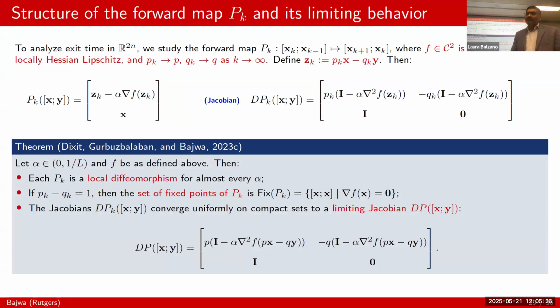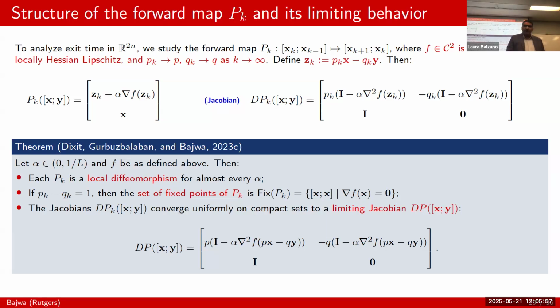We have a theorem that talks about it. I'm sorry, I'm going to rush because of time. I'll get to the gist. This is not that important, but the fundamental thing is we have to analyze properties of P_k. One of the key things is that the Jacobian of this dynamics converges uniformly on compact sets to a limiting Jacobian. And the limiting Jacobian has the same form as you would expect, taking the p_k's to p and the q_k's to q.